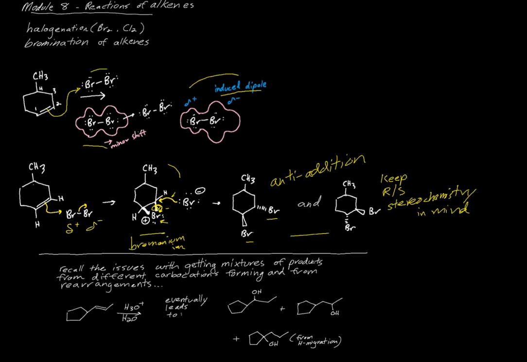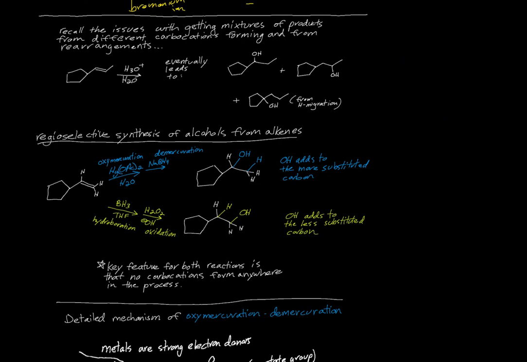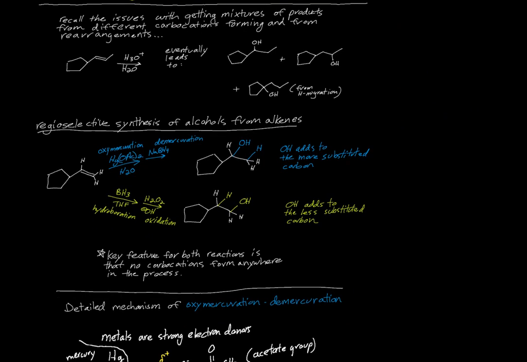Okay, moving on. I want to remind everyone of the issues that we covered in the previous videos with getting mixtures of products from different carbocations forming, and then from the different kinds of arrangements that can occur. So in a reaction like this, you end up with three possible products, the third being from a hydrogen migration.